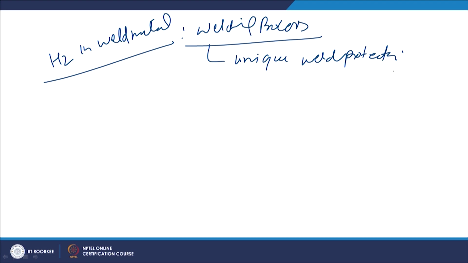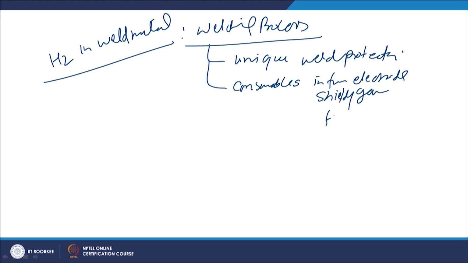Like the shielded metal arc welding process offers lower protection as compared to the gas tungsten arc welding process, the plasma arc welding process or the gas metal arc welding process, where inert gases are used. Then there is the kind of consumables which are used, like low hydrogen consumables, where either no moisture is present or no hydrogen is there in any form. So, consumables in the form of electrodes, shielding gases or fluxes.